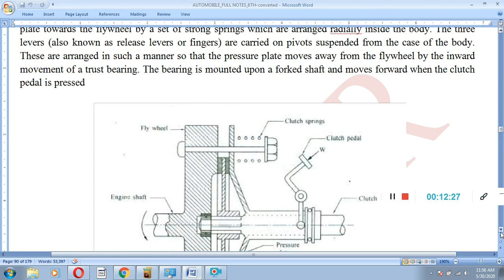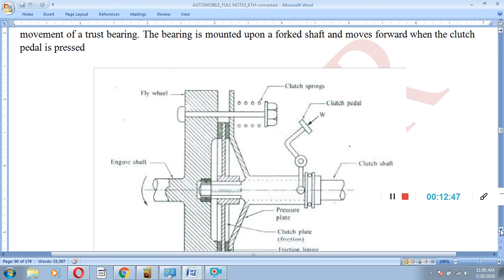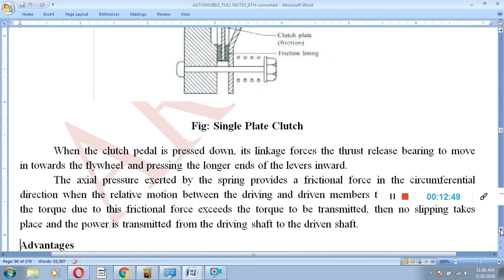These are arranged in such a manner that the pressure plate moves away from the flywheel by the inward movement of the thrust bearing. The bearing is mounted upon the forked shaft and moved forward when the clutch pedal is pressed.